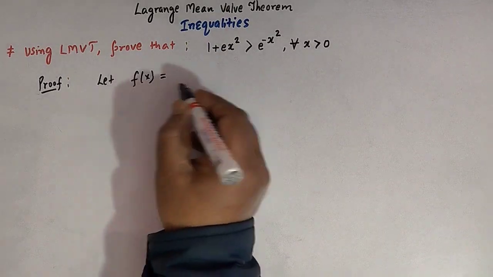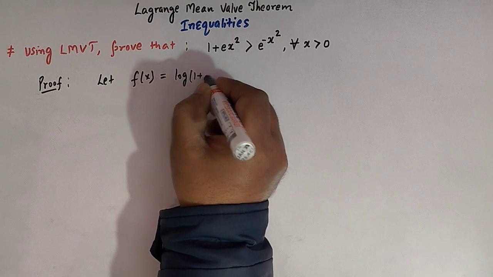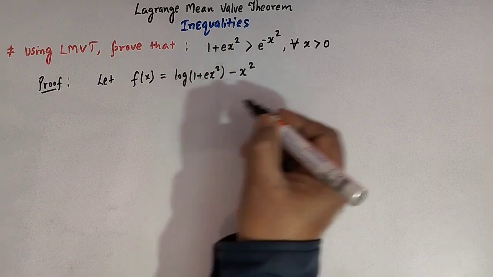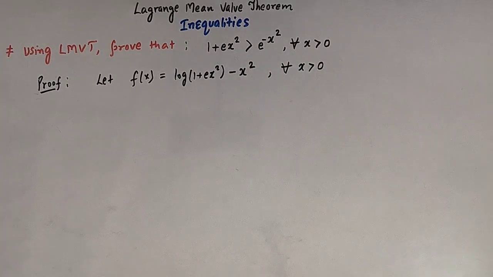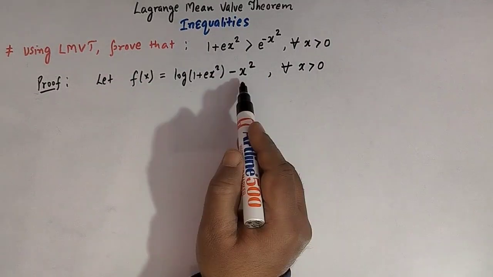We'll take f(x) equal to log of (1 plus e^(x^2)) minus x^2 for all x greater than 0.